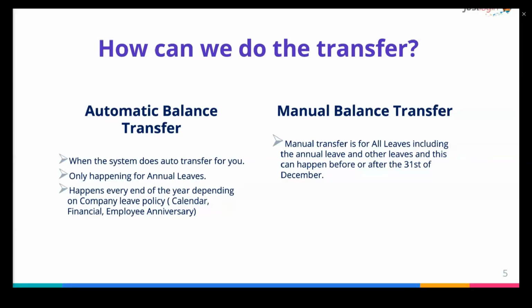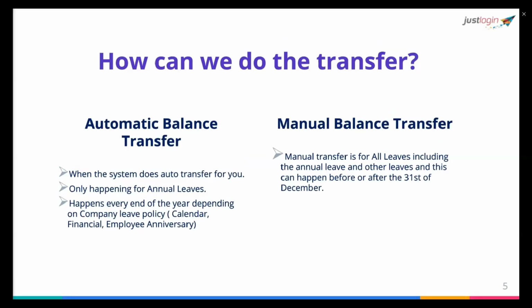On the other hand, the manual transfer. This method applies to all leave types, including the annual and, of course, the other leave types. It can be done before or after December 31. In certain situations, you might need to perform a manual transfer earlier than December 31.